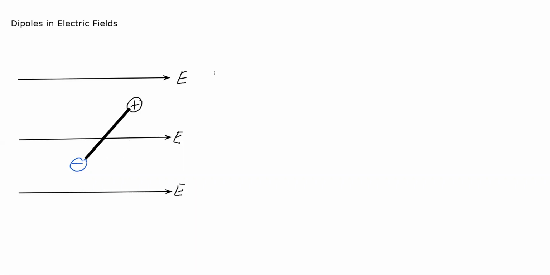So they're connected there by a rigid rod. You could think of it. So that's how I'm going to model this dipole. And this has a negative Q here. Negative Q, and we have a positive Q.